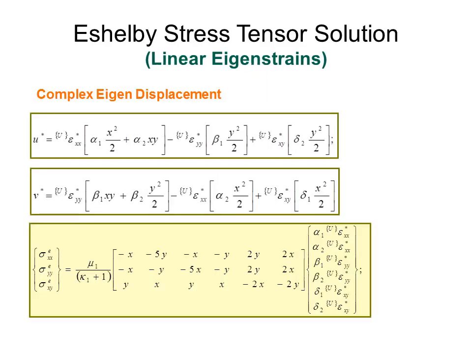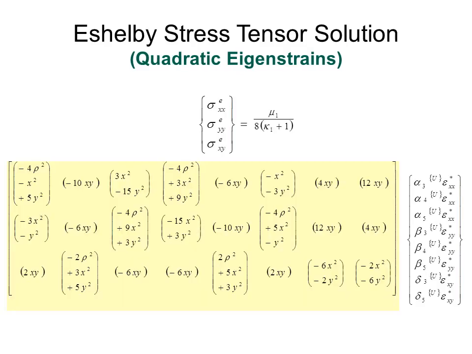Now the solution can be obtained for linear eigenstrains as this. For linear eigenstrains, we have the eigen displacement, which are quadratic. This is the expression for complex eigen displacement, and from this we obtain the solution for SLB tensor for linear eigenstrains. All the terms are linear.